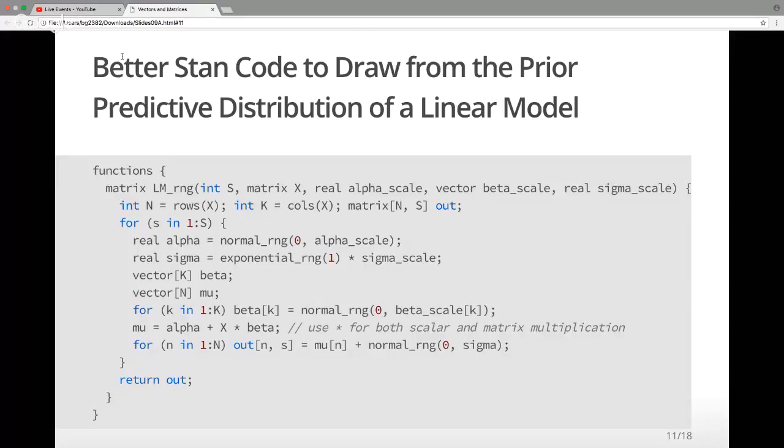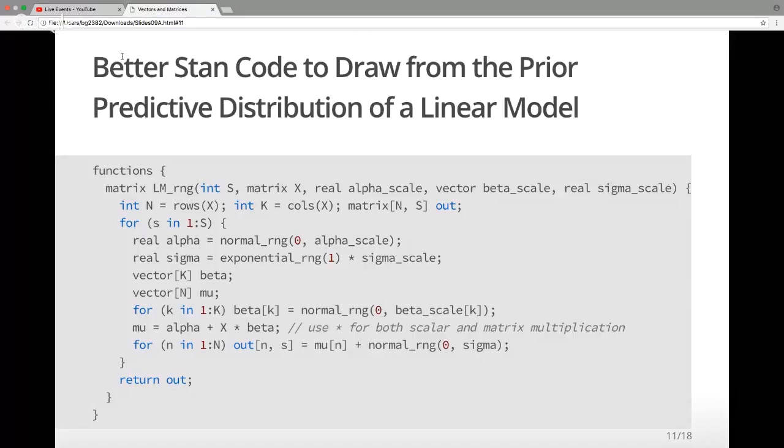As you can see here, I'm using the star in the Stan language. So star works for both scalar multiplication and matrix multiplication, or multiplication of a matrix and a vector. Here, I don't need to use element-wise multiplication, but if I did, I would have to use the dot star operator. In any event, having now defined mu, I can loop over the n elements of mu, sticking in the nth row, sth column of my matrix, which I'm going to return when I'm done with all these loops.